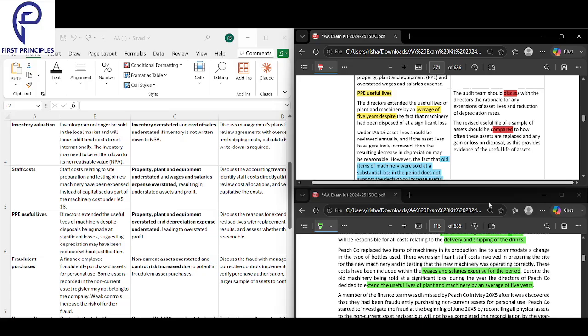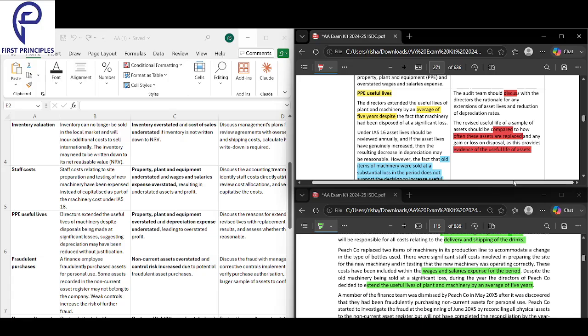Second, the revised useful life of a sample of assets should be compared to how often these assets are replaced and any gain or loss on disposal, as this provides evidence of the useful life. You take the useful life of a sample of assets and compare it to how often these assets are replaced.